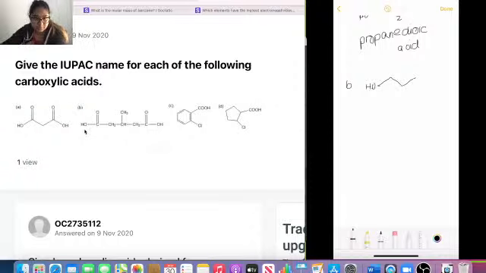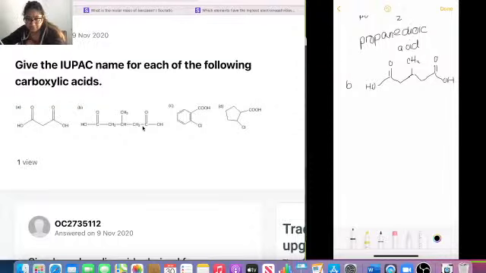We have here 1, 2, 3, 4, 5 carbons. This is your OH, this is your carboxylic, and then you have a methyl group here, and I have carboxylic.